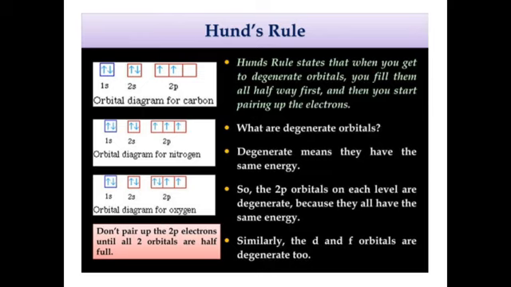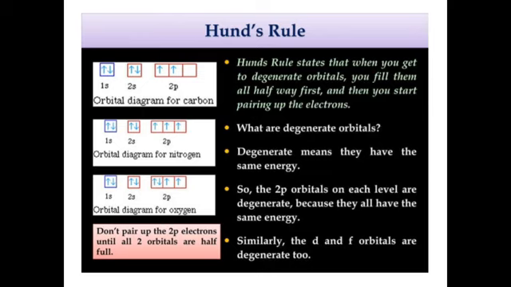You have to spread them first before you begin to pair them again. If you look at nitrogen, which is 7: 1s2, 2s2, 2p3. Now your 2p, you have to fill 1, 2, 3. When there is one remaining, you come back to the first box of the 2p and fill it again.